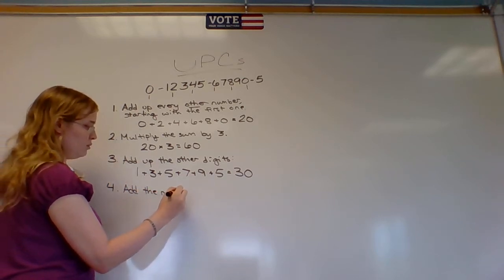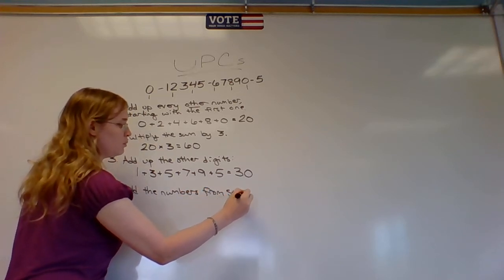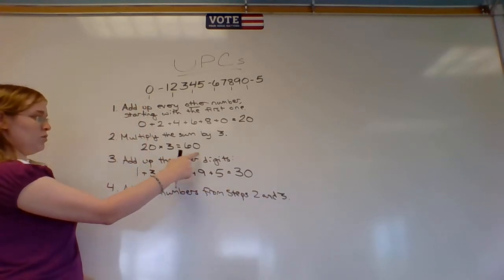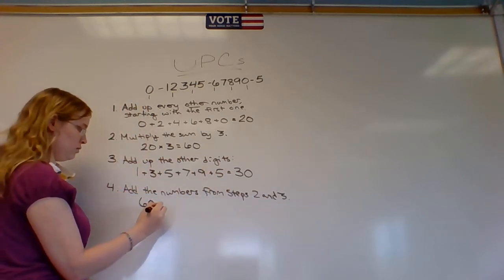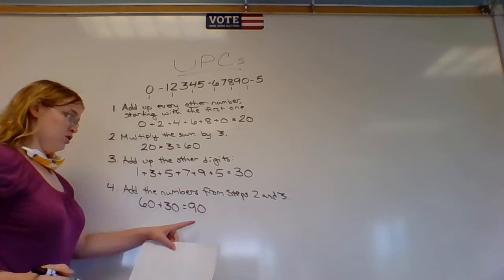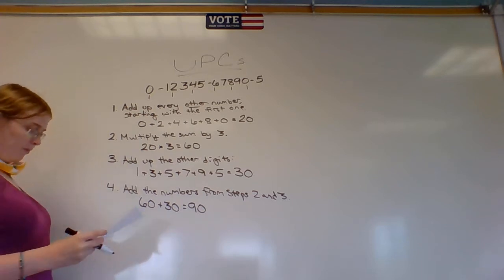And step 4, add the numbers from steps 2 and 3. So that's this one and this one. So we end up with this number 90, and you're like, okay, cool, 90, what does that mean, right?